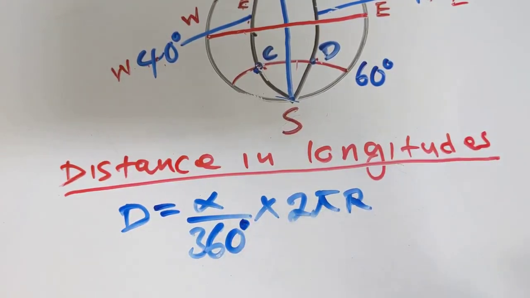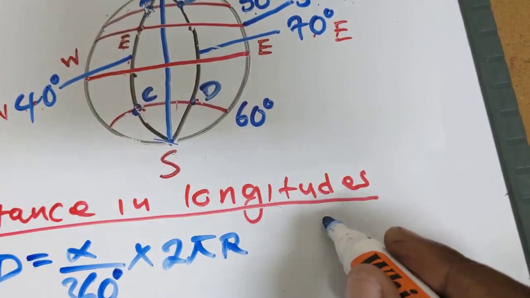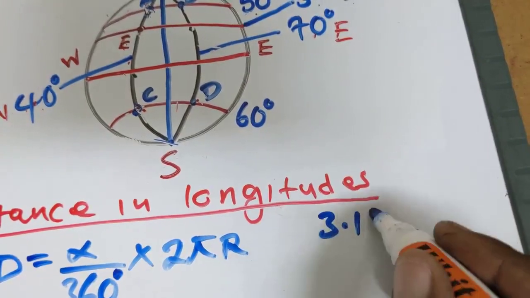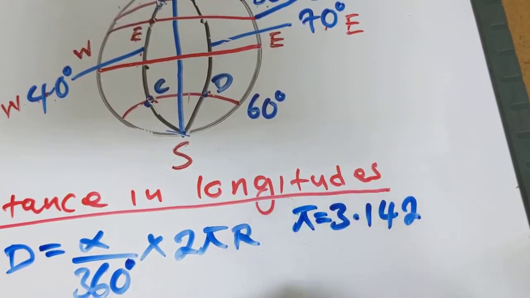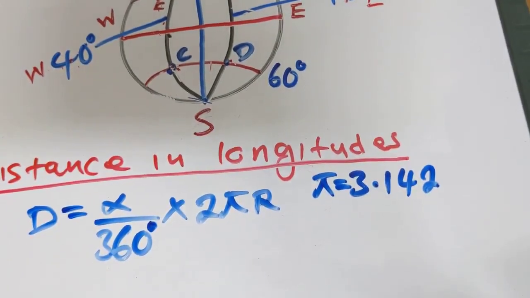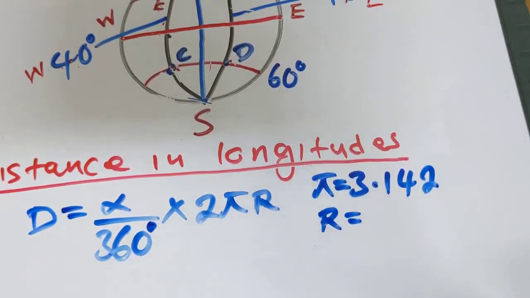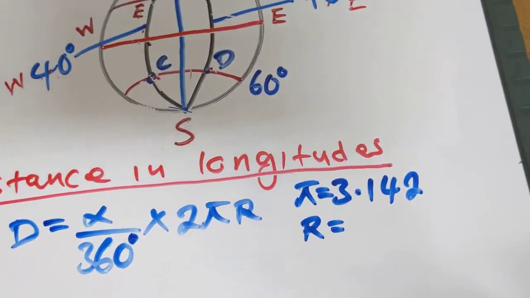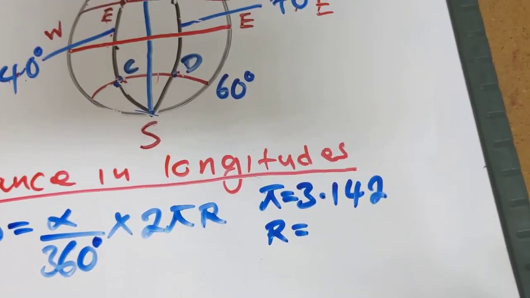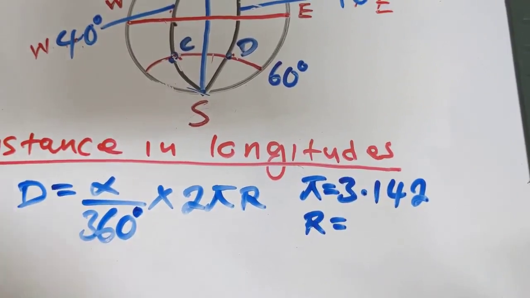The pi you'll mostly be given in an exam. In case you're not given, pi is 3.142. The r is for the radius, and they mostly give this too.